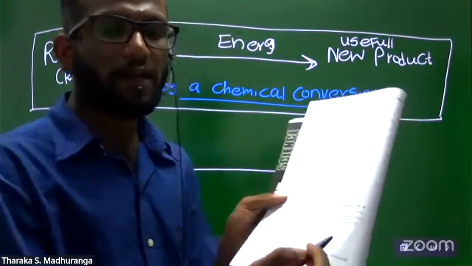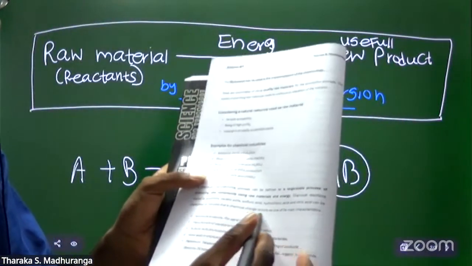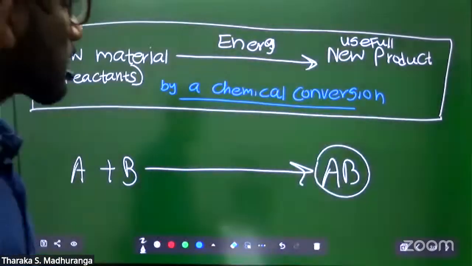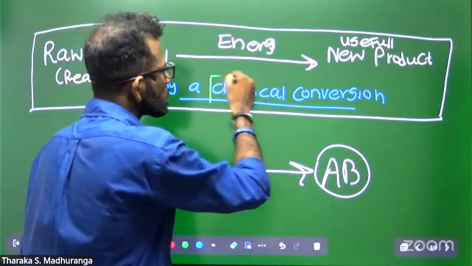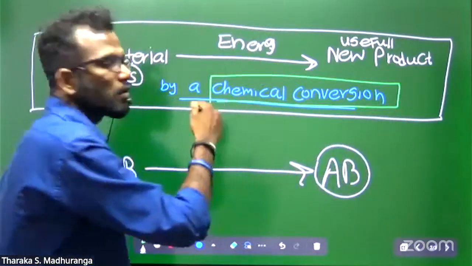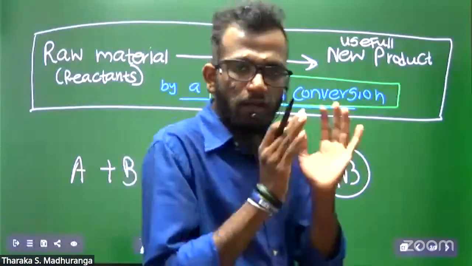One of the main characteristics is that chemical change occurs. Yeah, this is the most important factor. I have clearly given it in the tube. The chemical conversion is the main characteristic of this chemical reaction.